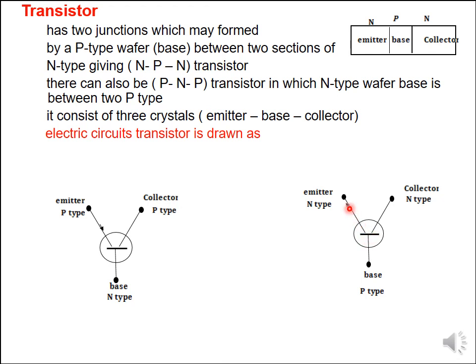The arrow on the emitter indicates the direction of conventional current from the positive base to the negative emitter.